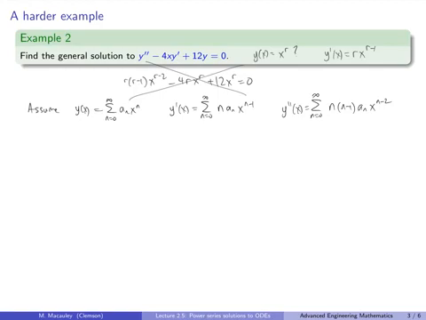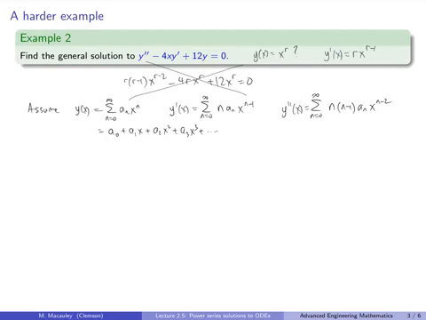And now let's plug this back in. Well, before I do, let me just write out this first power series just so you can see what it looks like. Sometimes it helps to see it written differently. So this is a_0 plus a_1 x plus a_2 x^2 plus a_3 x^3 plus etc.